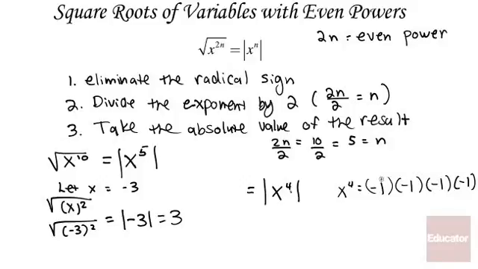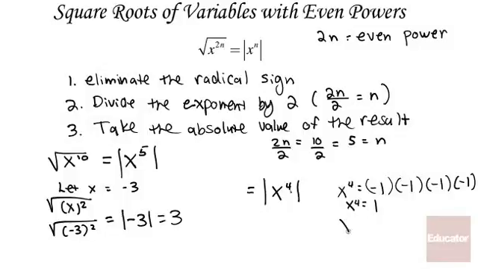You can end up with 1 times, and then -1, and then 1. Okay, it's going to end up being positive because it's multiplied out an even number of times. So x to the 4th is, even if x is negative, x to the 4th will always be positive.